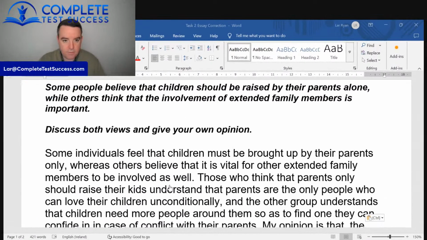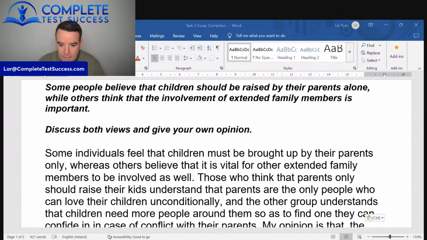So here's the question that Madeline answered. Some people believe that children should be raised by their parents alone, while others think that the involvement of extended family members is important. Discuss both views and give your own opinion.